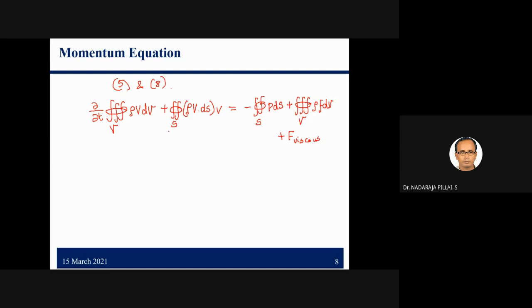So this is the momentum equation in integral form, right?